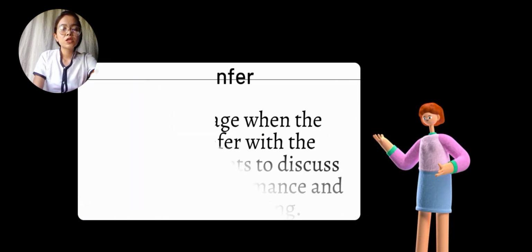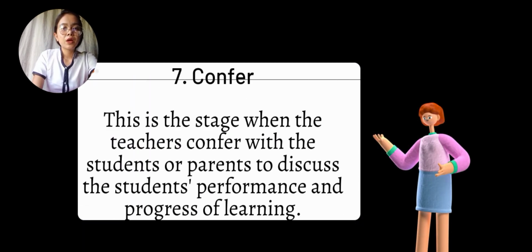So we have number 7, confer. This is the stage when the teachers confer with the students or parents to discuss the students' performance and progress of learning. This is also the time to congratulate the students for their accomplishment or to help them identify areas for their improvement.